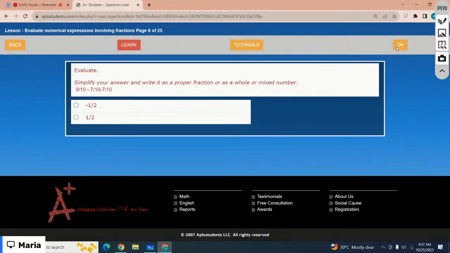Next, 9 by 10 minus 7 over 10 minus 7 over 10. So which is the correct option? Yes, very good. That is negative 1 over 2.